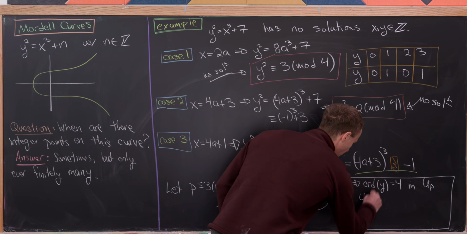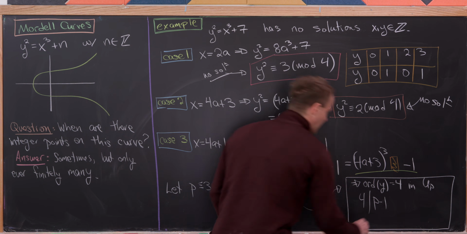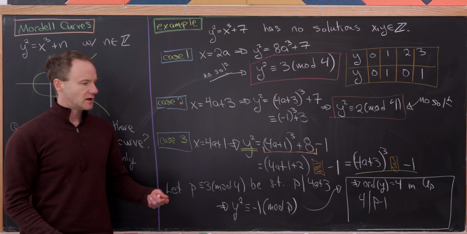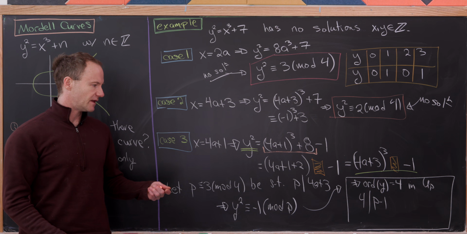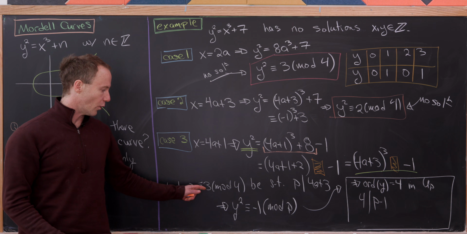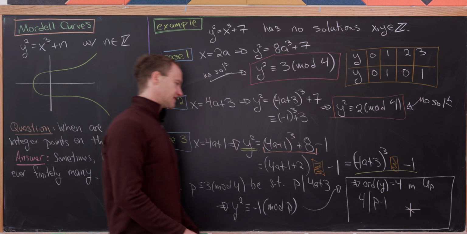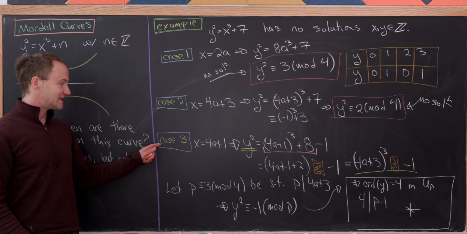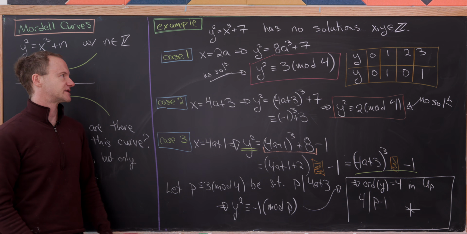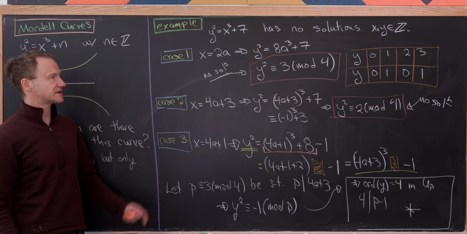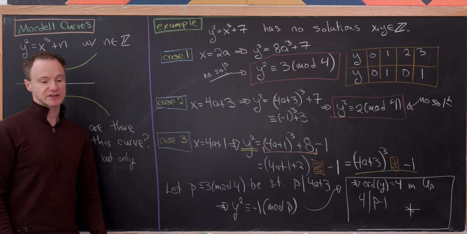But that means that 4 divides the order of the group of units mod p, which is p minus 1. But if 4 divides p minus 1, then p must be congruent to 1 mod 4, but that's a contradiction. So this case also does not give us a solution. So cases 1, 2, and 3 don't give us a solution. That means we have no solutions at all.